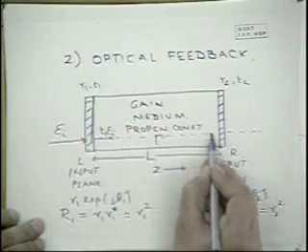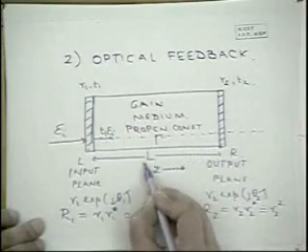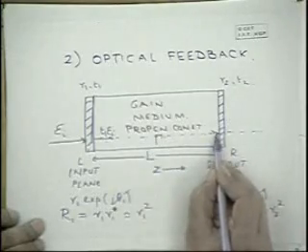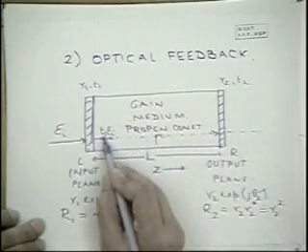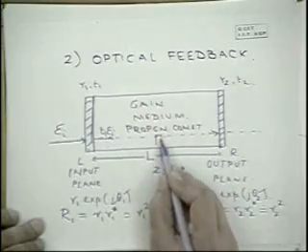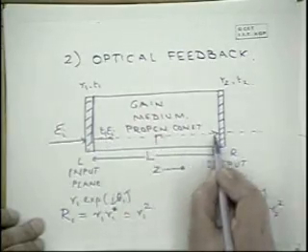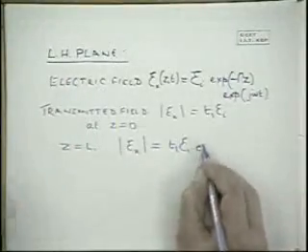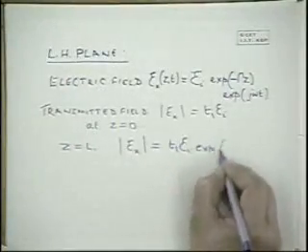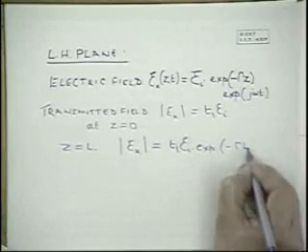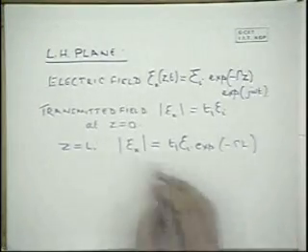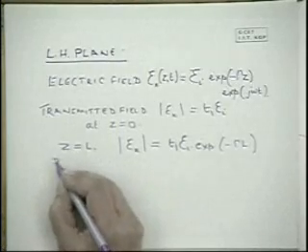Then it propagates through a length L, so when it reaches this point it is T1 EI into e to the power minus gamma L, where gamma is a complex propagation constant. This is at the right mirror.